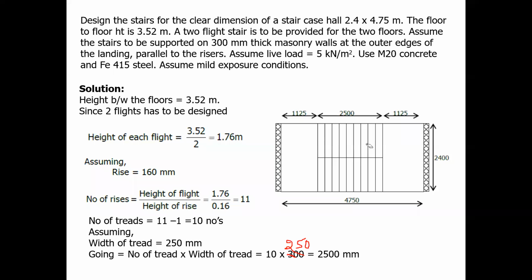Width of stair is equal to 2.4 by 2, right? The stair width. So which one is stair width? As you can see in the figure here, this one. So total width, so each width of stair is 2.4 by 2, right? Understood? Okay. Any doubt?